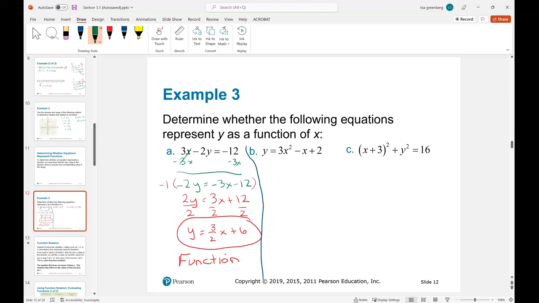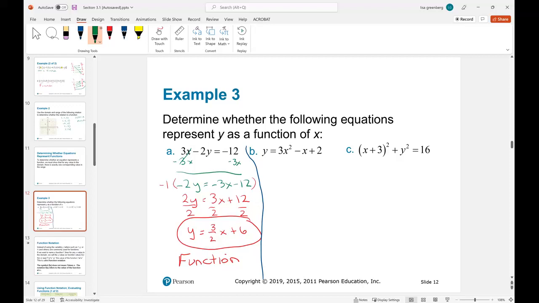The y values can be the same, but if I put in an x value, I can't get 2 different y values.